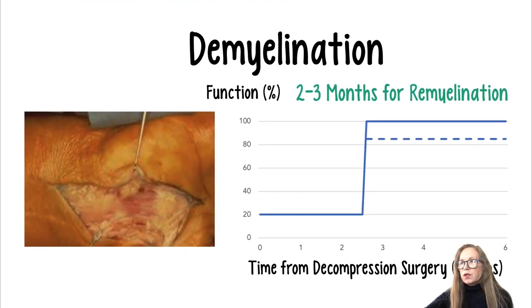By contrast, if there's demyelination and that patient has had compression by the flexor retinaculum for a long time, there is a conduction block, there's demyelination, and you do the operation to improve that conduction block that's been there for so long, by 2 months, you should see recovery of function.